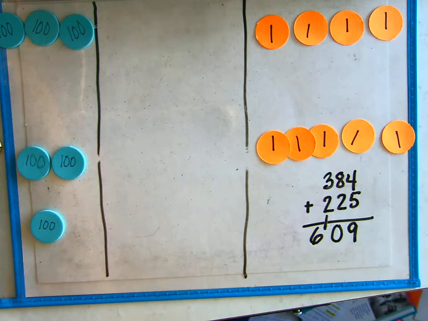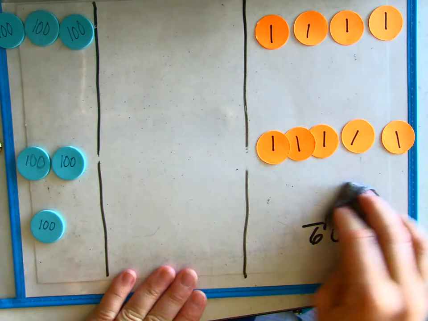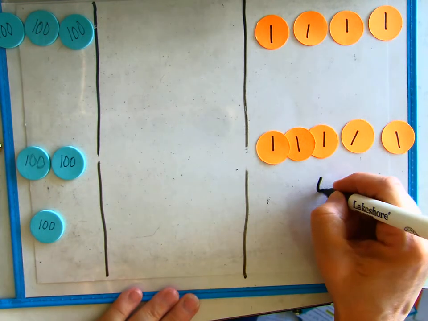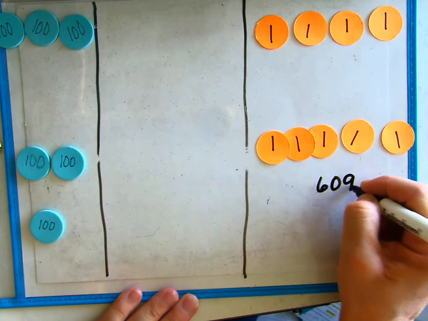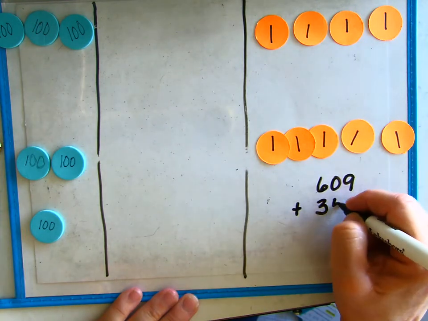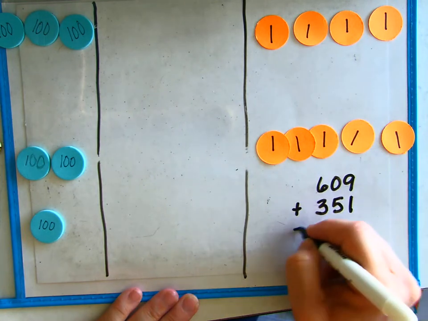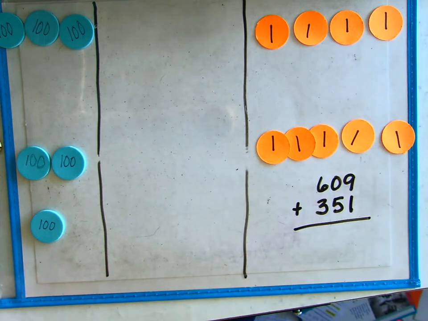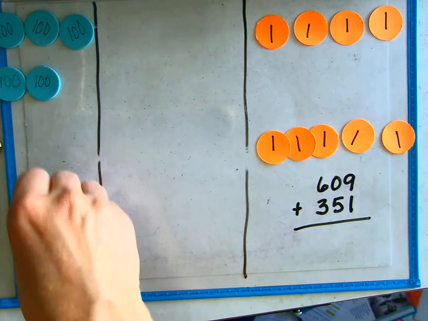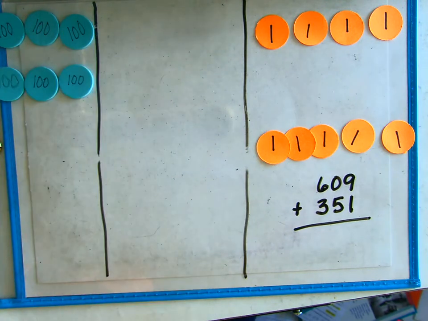We have one more on this page. We have 609 plus 351. So I need all of the hundreds we used in the last problem. 6 hundreds.